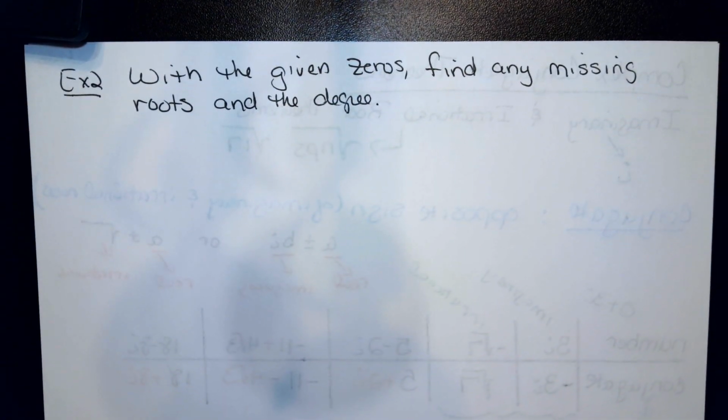All right, so here in example 2, they're asking us, given the zeros, find any missing roots and the degree.